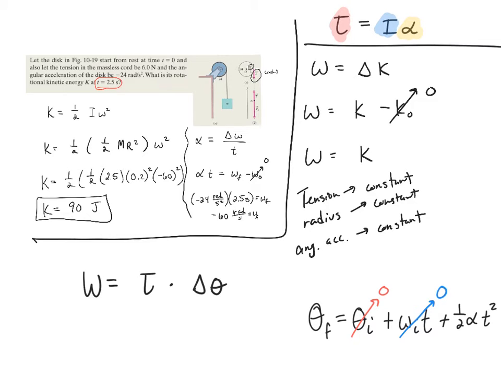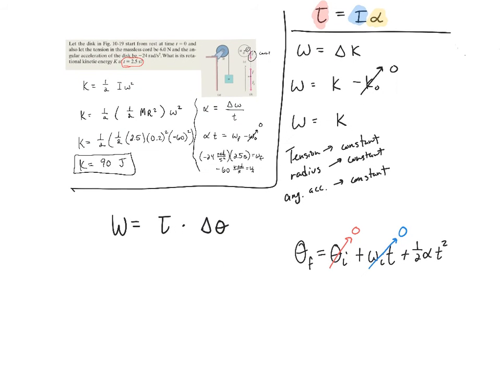So because the 0 for the omega I times t is there and the 0 for the theta I is there, the entire problem simplifies a bit. So if we want to figure out the final angular distance that this thing has rotated, we can simply use 1/2 alpha t squared.